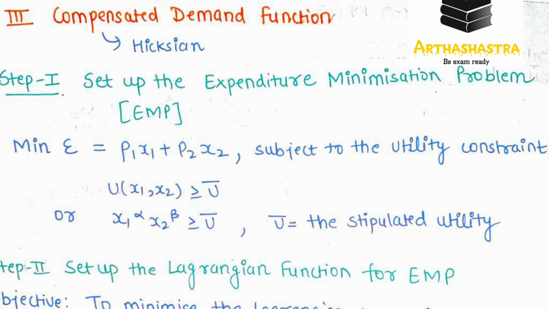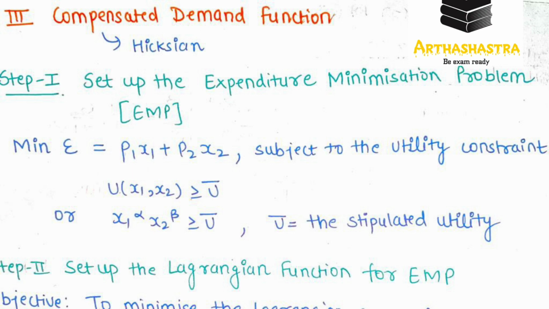First, a utility function, and other is the budget constraint. So in finding out the ordinary demand function, we have focused on the utility aspect, that is we are focused on maximization of utility, and while finding out Hicksian demand functions we are focused on minimizing the expenditure of the consumer.